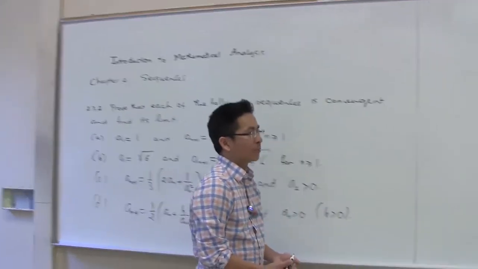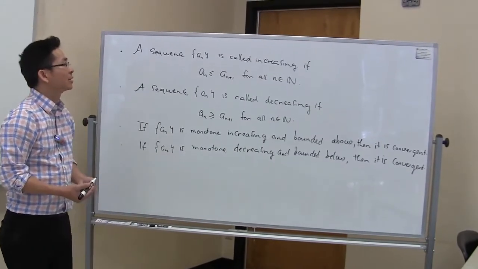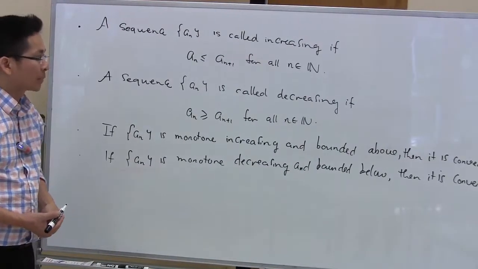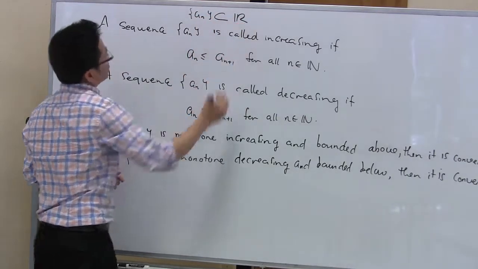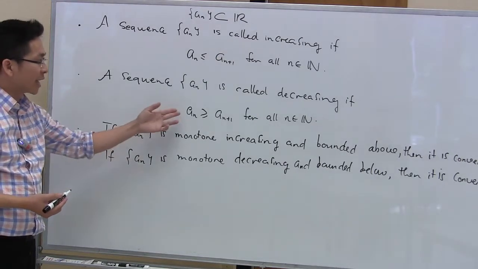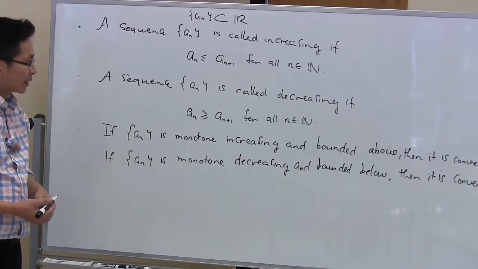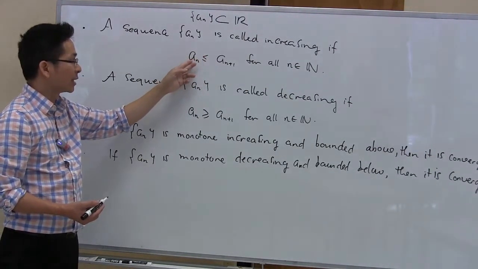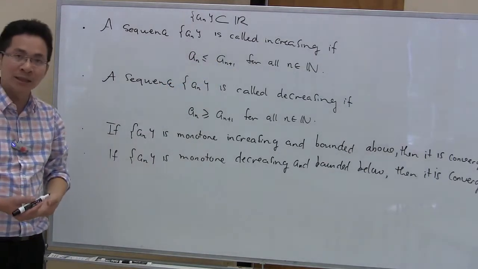Before solving the problem, let me recall some important facts. A sequence a_n of real numbers is called increasing if a_n is less than or equal to a_{n+1} for all n in N. A sequence a_n of real numbers is called decreasing if a_n is greater than or equal to a_{n+1} for all n in N. If we replace this inequality by a strict inequality, that is a_n is strictly less than a_{n+1} for all n in N, then we say that a_n is strictly increasing.